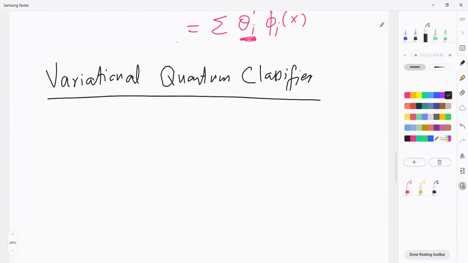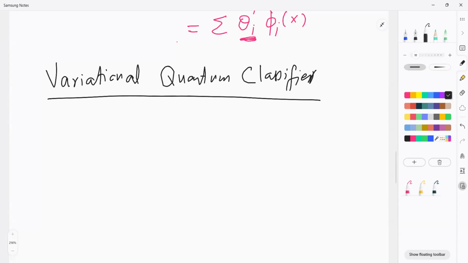Sometimes it's written quantum variational classifier, QVC, sometimes it's written VQC; both names are used. Whatever we say about this is in general also applicable to a variational quantum regressor as well.